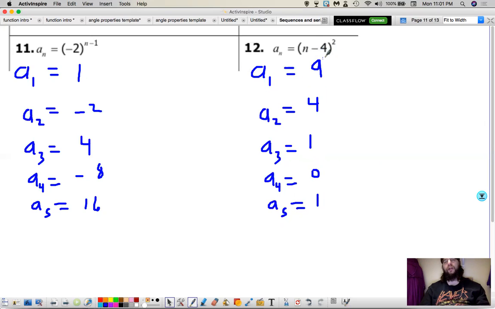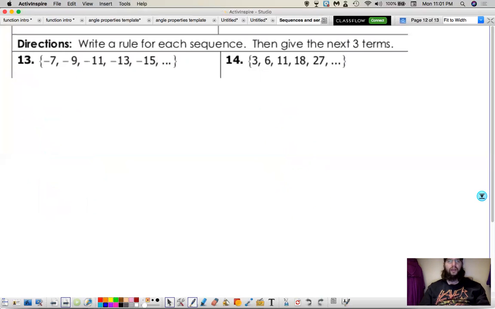You're squaring wherever you go. 1 minus 4 is negative 3 squared is 9. Negative 2 squared is 4. Negative 1 squared is 1. 0 squared is 0. 5 minus 4 is 1 squared is 1. I'm just going to go back up. 4, 9. That's just perfect squares. All right.